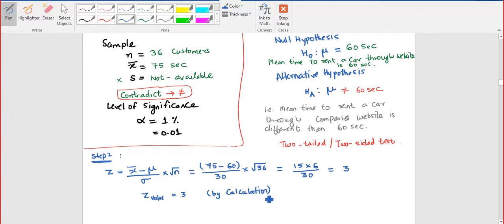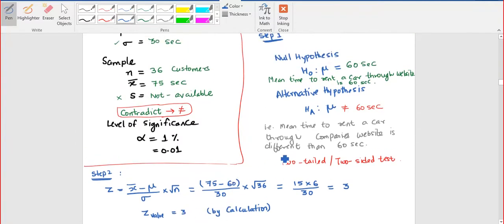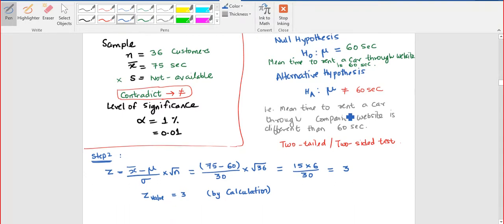Okay. Now we need to identify whether this value is correct or not. What do we mean by correct? With this z value, are we going to accept the hypothesis that yes, it takes 60 seconds to rent a car through a website, or are we going to say that no, it is not 60 seconds?